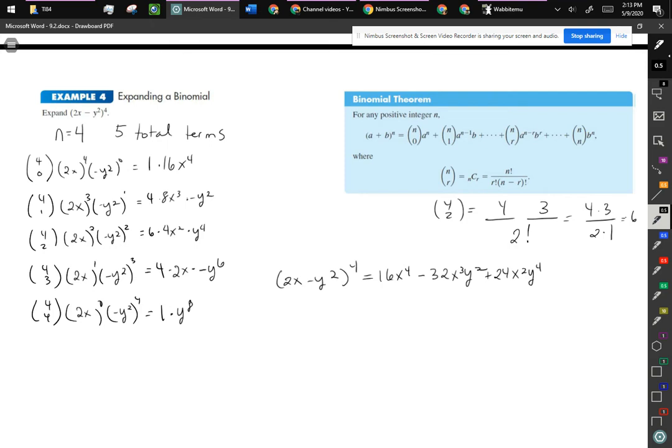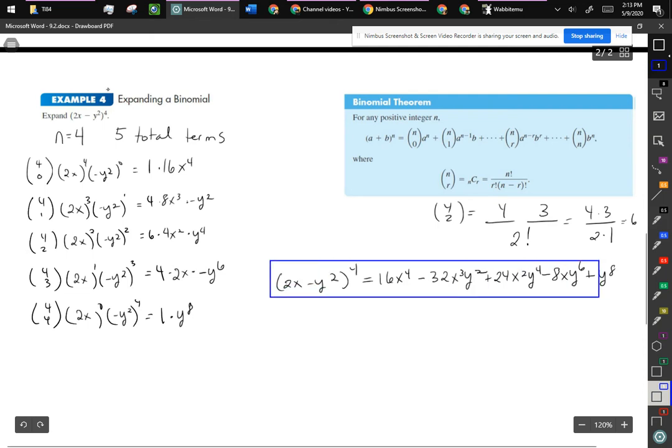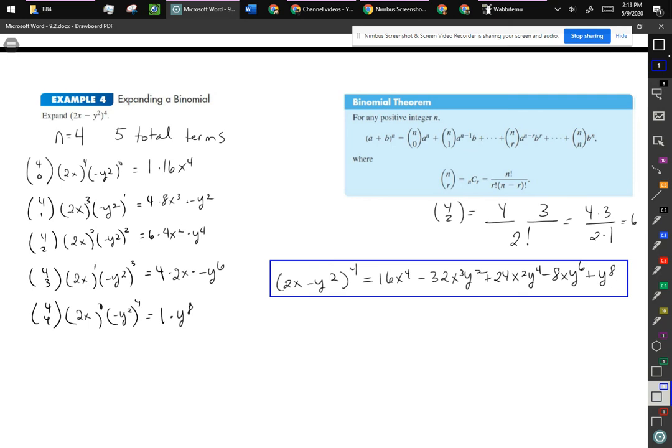Next one would be minus 8xy to the sixth. And then finally, it will be plus y to the eighth. And that wraps up your expansion of 2x minus y squared raised to the fourth.